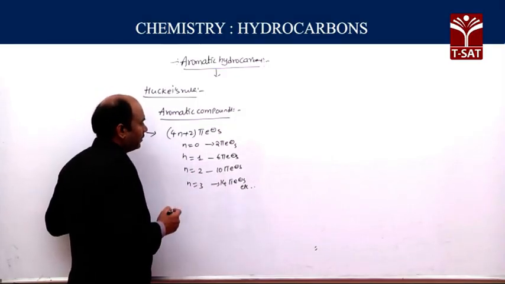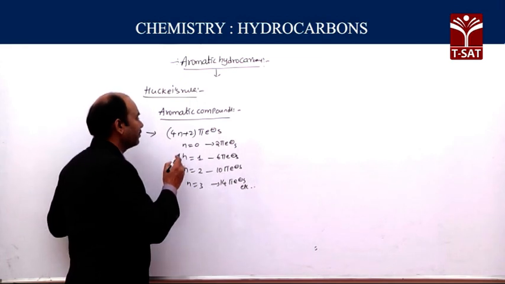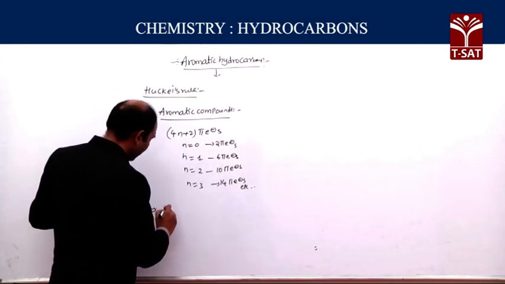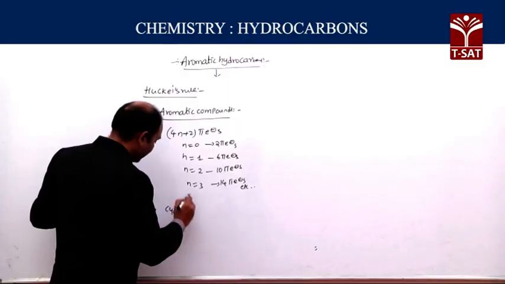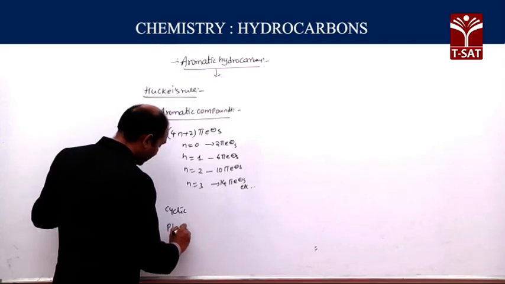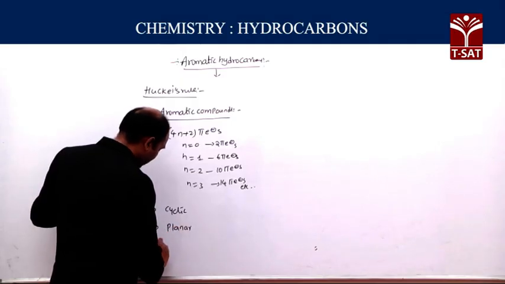So, the first rule is that the compound must contain 4n plus 2 pi electrons. The compound should be cyclic. The compound must be planar. The compound must contain a conjugated system.